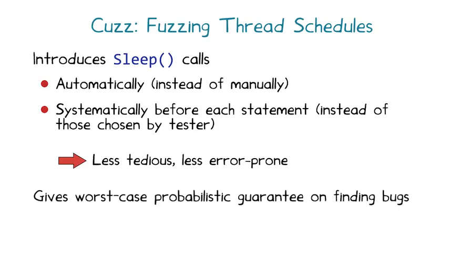More significantly, Cuzz even provides a good probabilistic guarantee on finding concurrency bugs through its simple approach of fuzzing thread schedules. Next, we'll examine the basics behind the algorithm that Cuzz uses to systematically fuzz thread schedules. You can find more details about Cuzz in the resources listed in the instructor notes on this page.